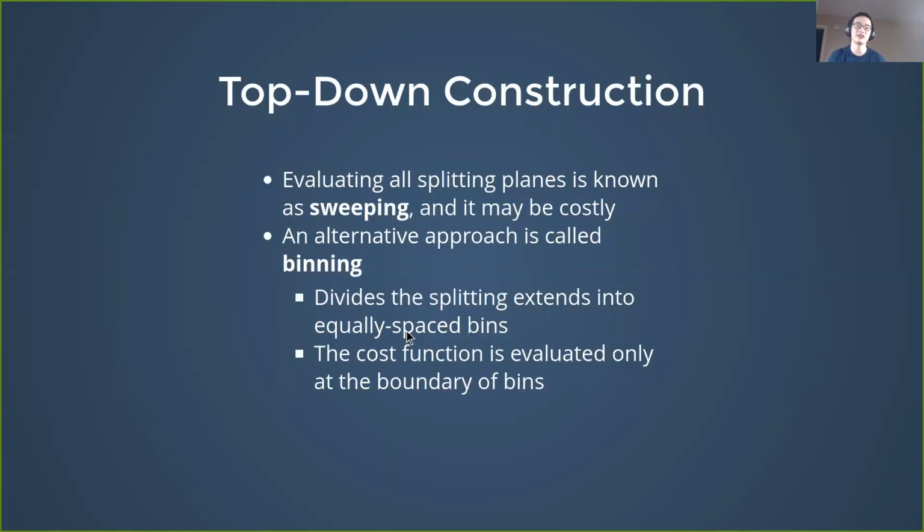So binning definitely cannot create a BVH of as high quality as sweeping because we don't perform that much calculation, but still the quality of binning is high enough that the difference is almost negligible compared to sweeping, and it's a massive speed up.